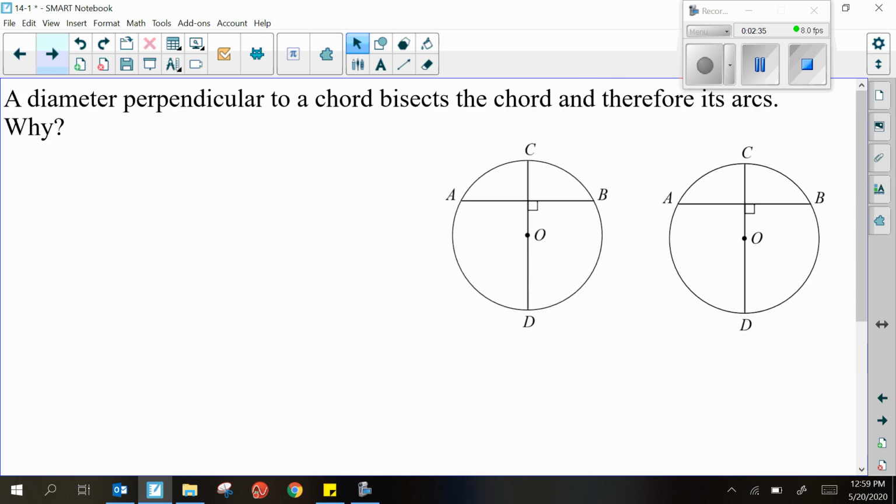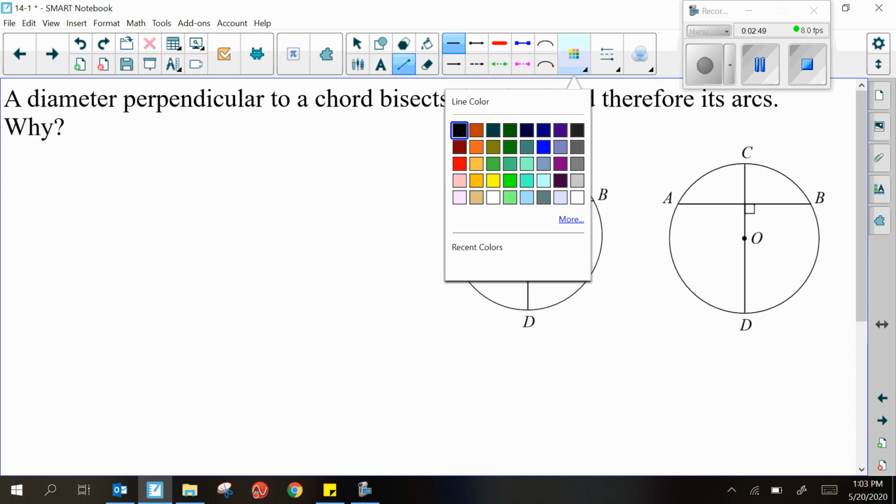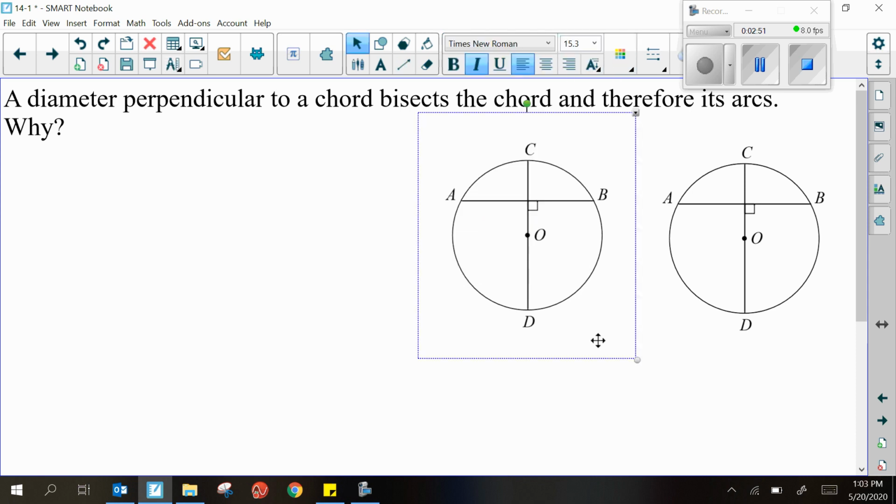A diameter perpendicular to a chord bisects the chord and therefore its arcs. So we're going to do the same thing again with congruent triangles. Let's figure out how we're going to come up with these congruent triangles.